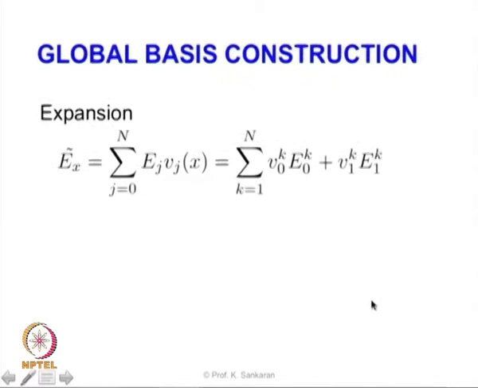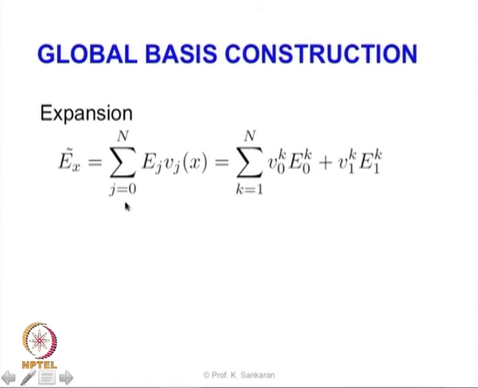So let's go forward. Now we are going to say the value inside each of the elements is going to depend on the value that I assign to each of the nodes, which is going to be the expansion coefficient Ej multiplied by a certain basis function Bj. So inside each of the elements, it is like this.